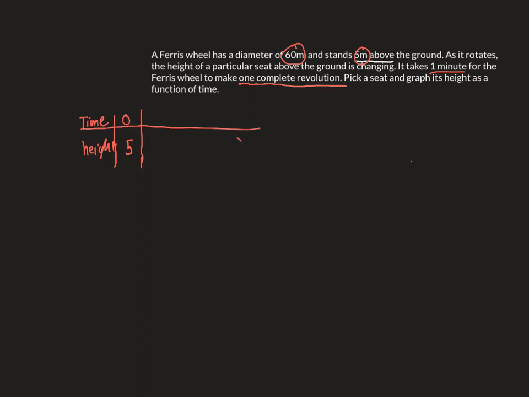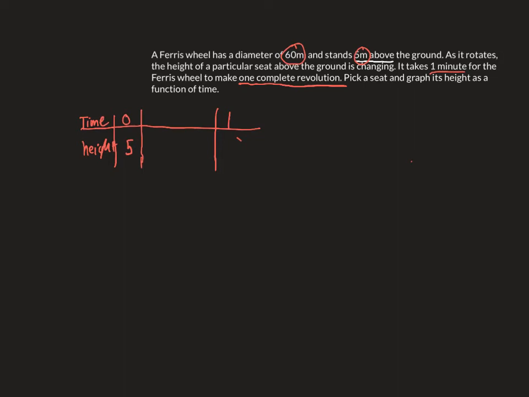Now, how do I know how much to go up? Well, it says it takes 1 minute for the Ferris wheel to make a complete revolution, which means the maximum you want here is 1 minute. So how can I do this?